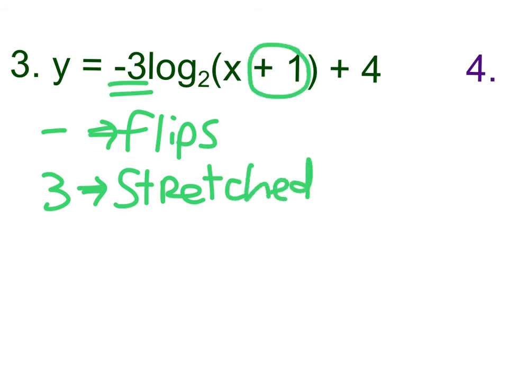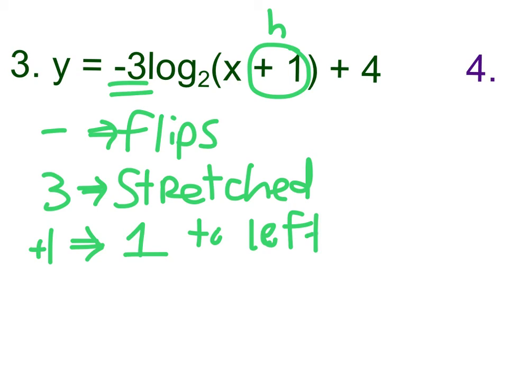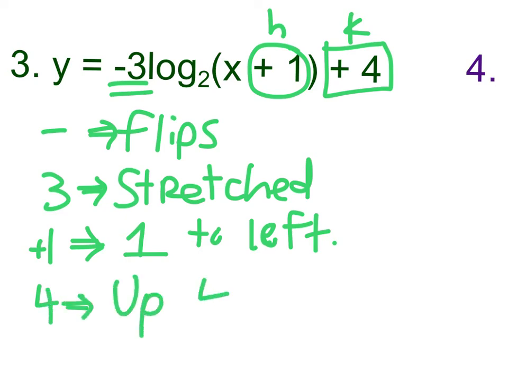And then inside my parentheses, which is my h value, we have a positive 1. So the positive 1 tells me it goes 1 in the negative direction, so that's going to be to the left. And then we have a plus 4 on the end. That's our k value. Remember, that one tells me up or down. So the 4 tells me it goes up 4. Again, that one had 4 things that happened to our graph. It flipped, it stretched, it moved 1 to the left, and then it moved up 4.